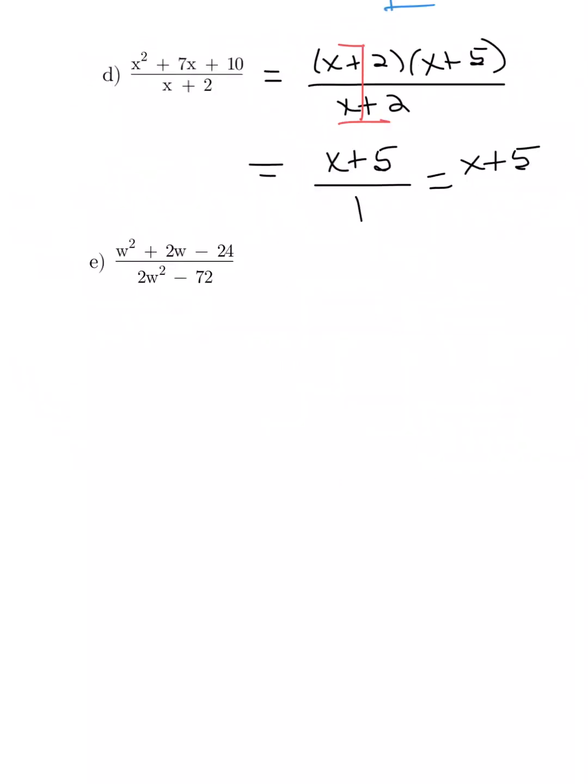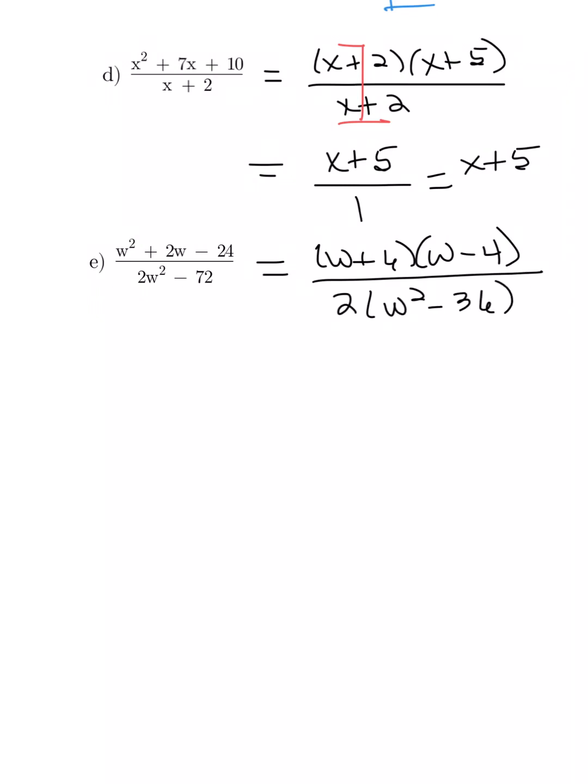On our next example, we have a numerator of w squared plus 2w minus 24, and that factors into the quantity of w plus 6 times the quantity w minus 4. On the denominator, you need to notice that 2 goes into both terms. We're going to factor out a 2 and have w squared minus 36.